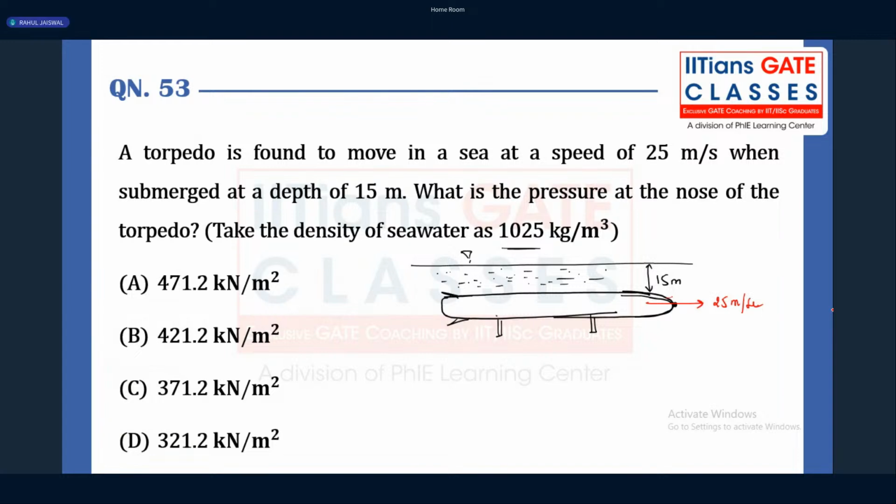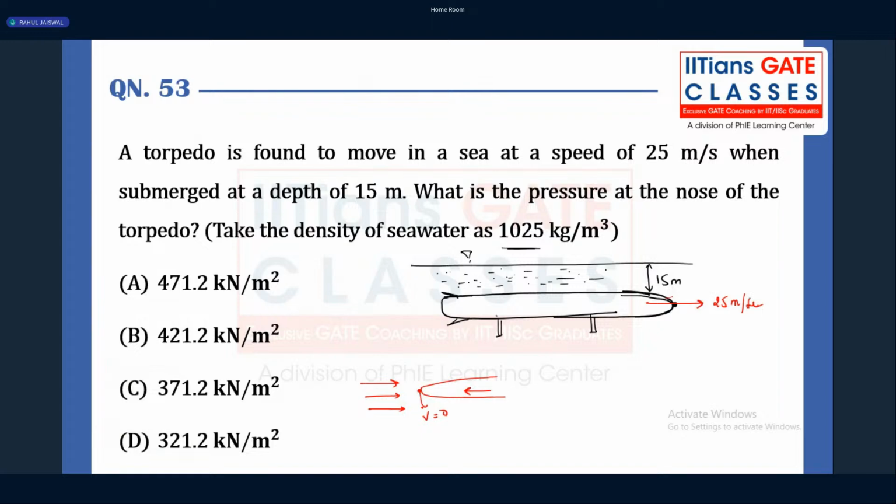You remember one concept: whenever any object is moving like this, whenever the fluid is striking the nose of any body or contact point, at that particular point the net velocity is zero.